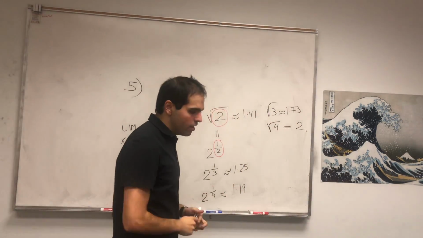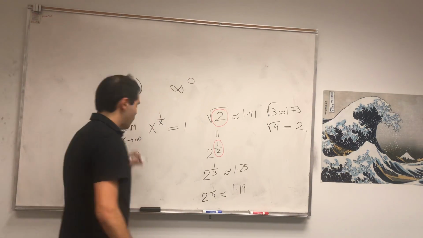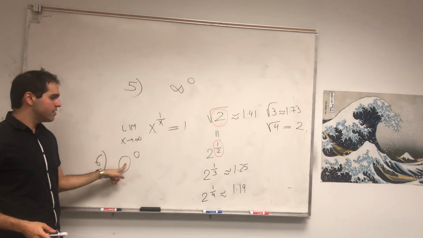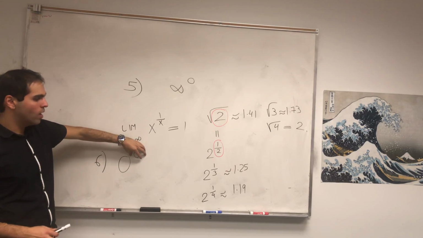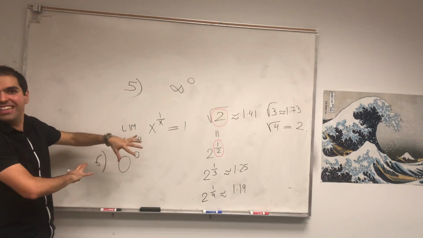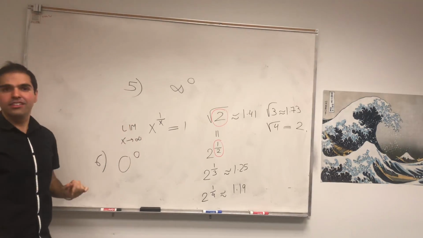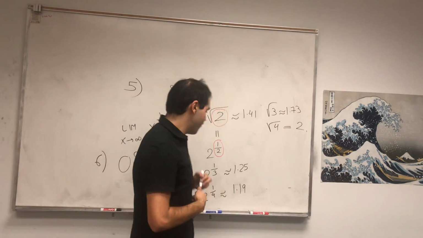And similarly, there is 0 to the 0, where we have the same tug-of-war, because the base wants things to go to 0, and the exponent wants things to go to 1. So we don't know what the answer is, because again, it depends on the relative quantities.